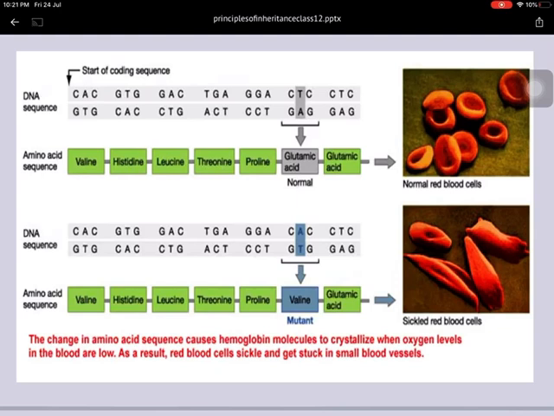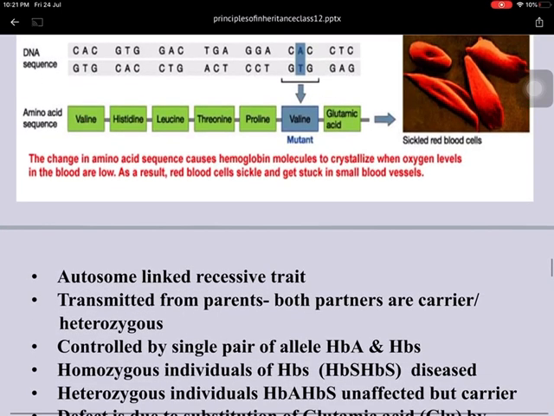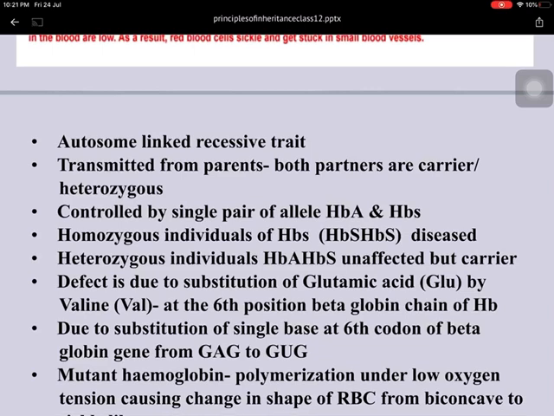So a homozygous individual of HBS, that means the hemoglobin gene linked with sickle cell anemia is affected. And if it is a heterozygous individual, that means HBA, that is normal, and HBS, that is the affected gene.